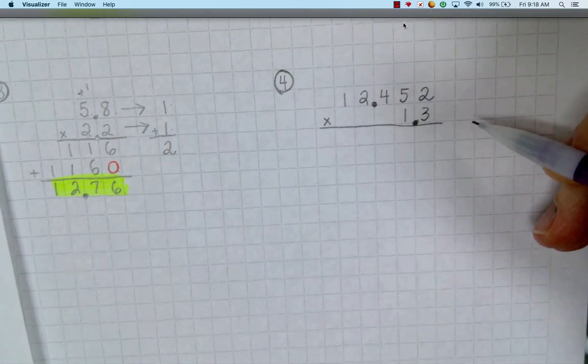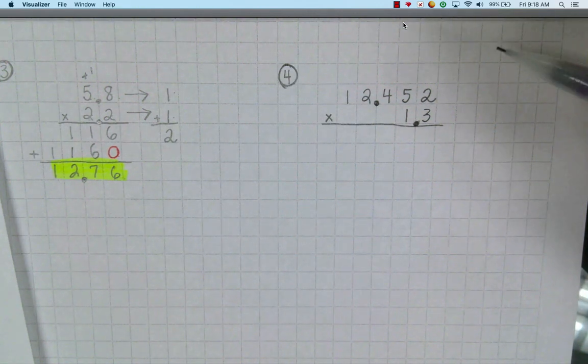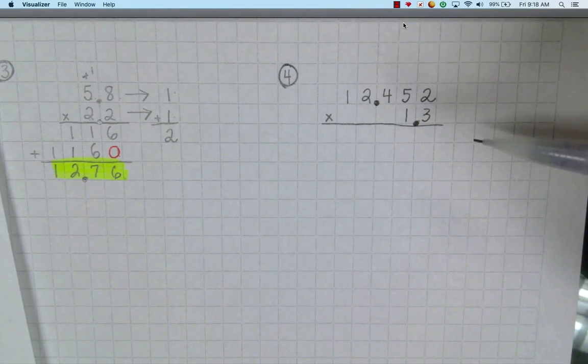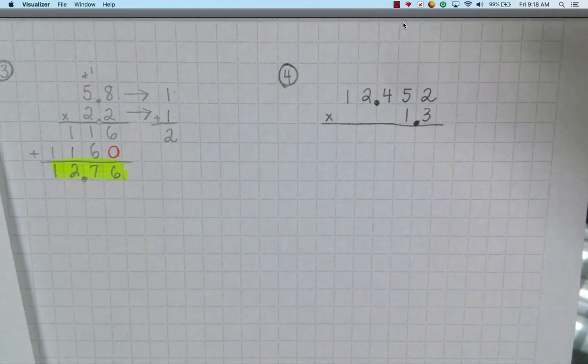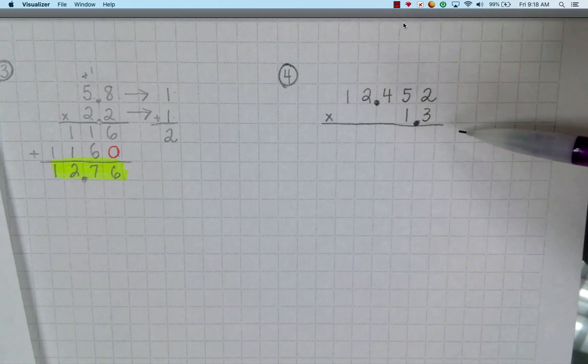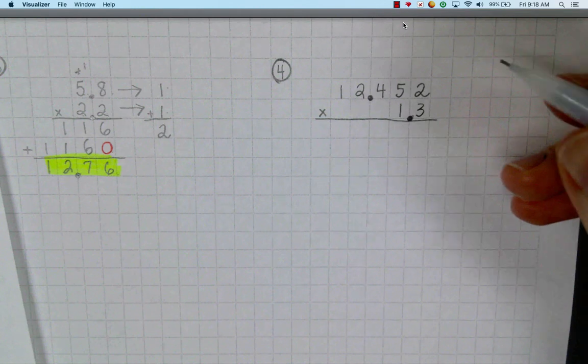So I said when you're adding and subtracting decimals, you must line up your decimal. When you multiply, no. No to the no. Okay? And here's a perfect example. You're lining up your digits. That's what's important with multiplying. That's the difference between multiplying decimals and adding and subtracting. Okay? Line up your digits, then place your decimals. And now we're going to multiply as if they were whole numbers.